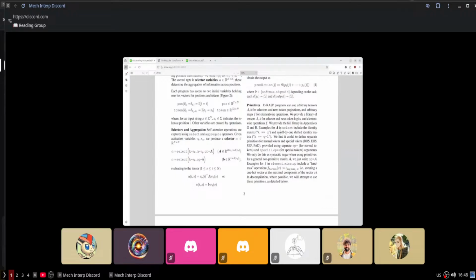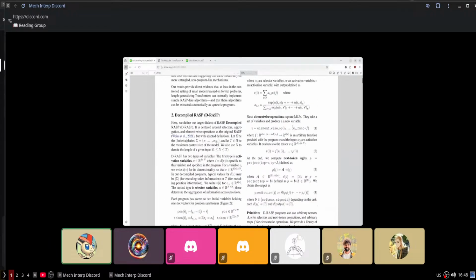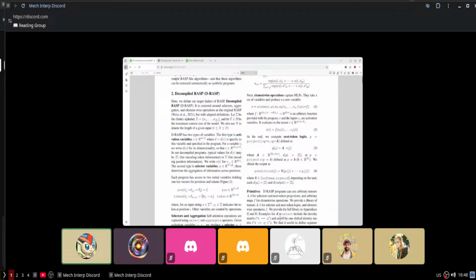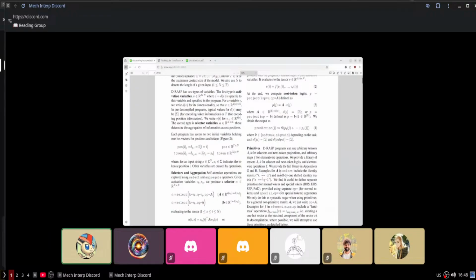I'm curious what they do to filter that, because the way it's written, you could just write the transformer as itself: a select operation that's literally the weights of the transformer, and the function being whatever the MLP is doing, and that's it. You just rewrote the transformer, minus maybe the layer norm, because you could roll the layer norm into the function in a very weird format.